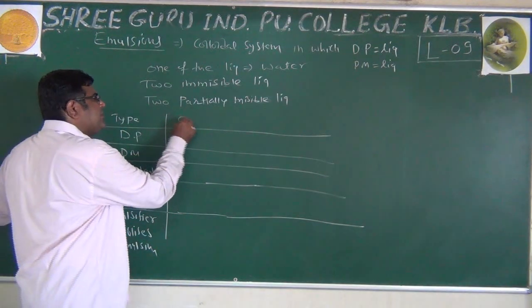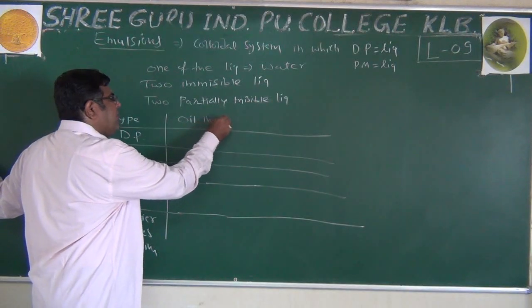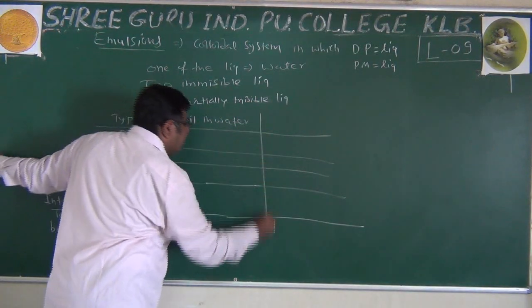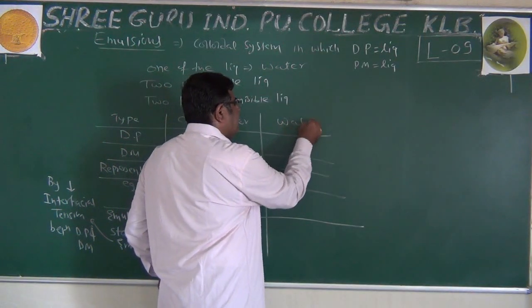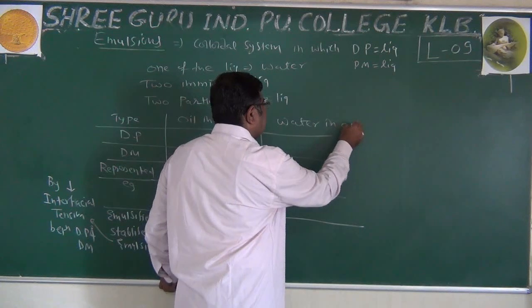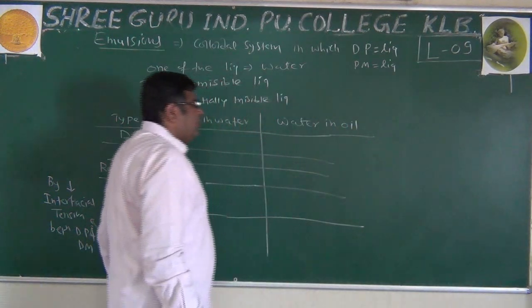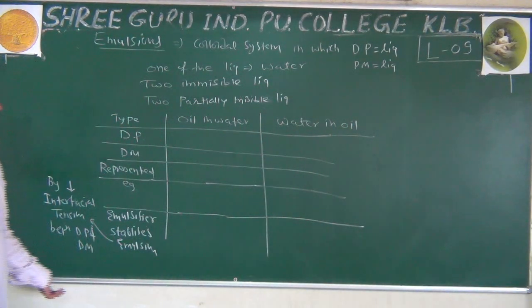So there are two types. First is called oil in water, another is called water in oil. These are the two types of emulsion.